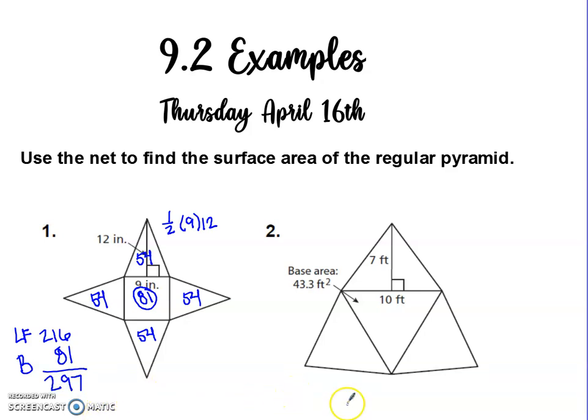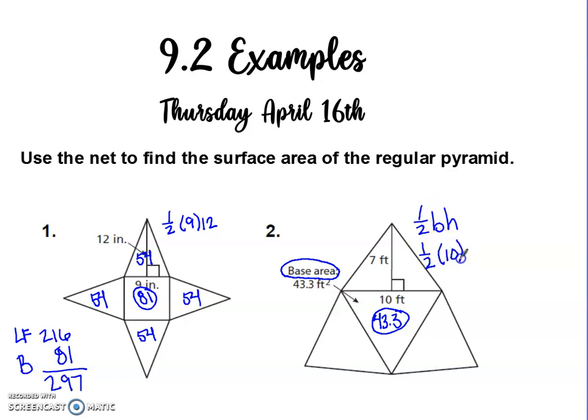Let's look at this next one. Sometimes they will give you the base area ahead of time. This question gives the base area. They told us that the area of this base is 43.3, which is nice. They took a step out for us. This pyramid is triangular. It has a triangle base, which means it has 3 lateral faces. So let's find the area of one. Triangles, 1/2 base times height.